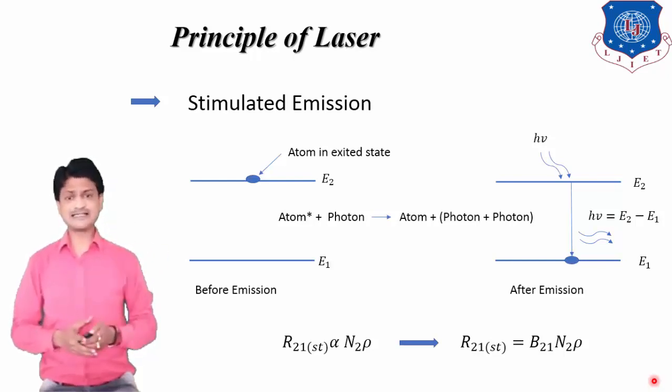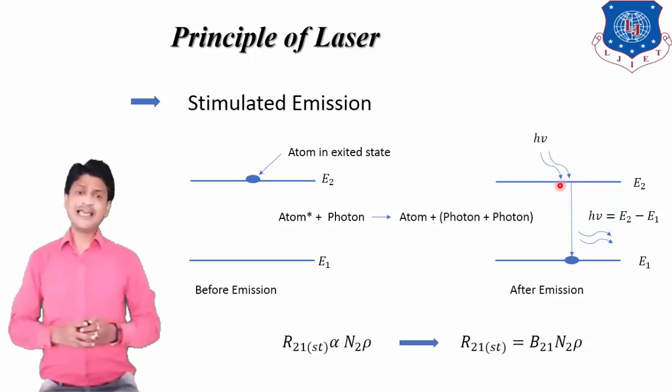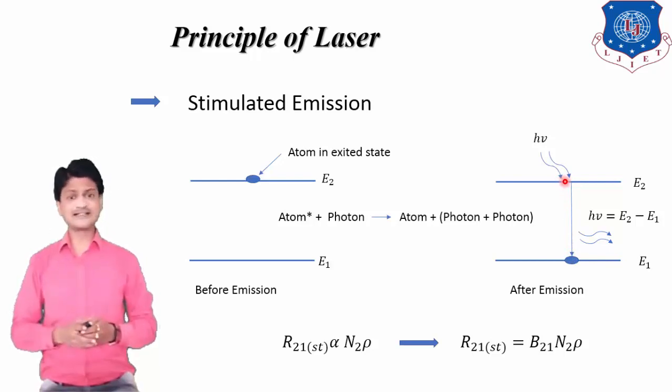Here in this case, as you can see in the figure, there is an emission of photon whenever an atom transits from high energy level to the lower energy level under the presence of external energy. So here, when atom is in high energy level, and if we apply the external energy to that atom, then that atom comes into the lower energy level.